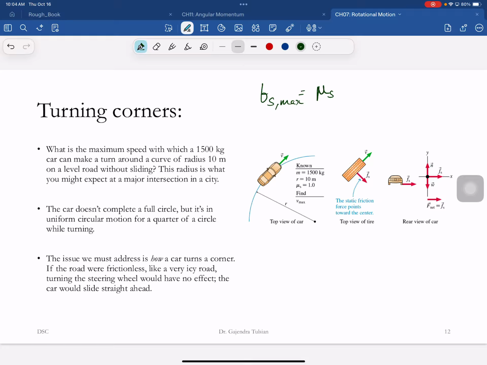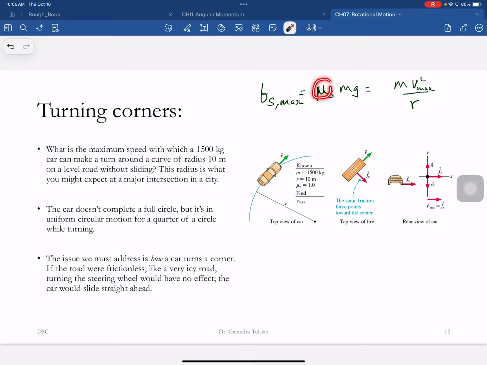Here's the weight of the car, and there's the normal force. The normal force is equal to the weight, so it's equal to mg, and that's providing you the centripetal force. So that is the maximum speed at which you can make a turn. The stickier your tires, the larger mu s, the faster you can make a turn.